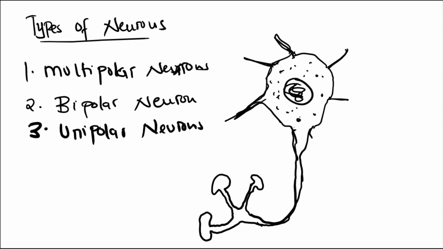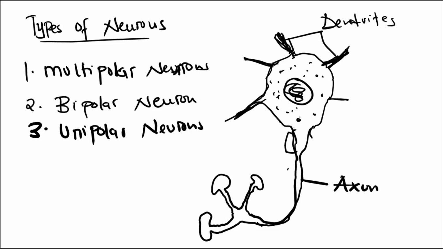These axonal terminals are the structures that will form synapses with a muscle cell. So this is a multipolar neuron. Why? Because it has multiple processes coming from it. These processes are what we call dendrites, and this is the axon.